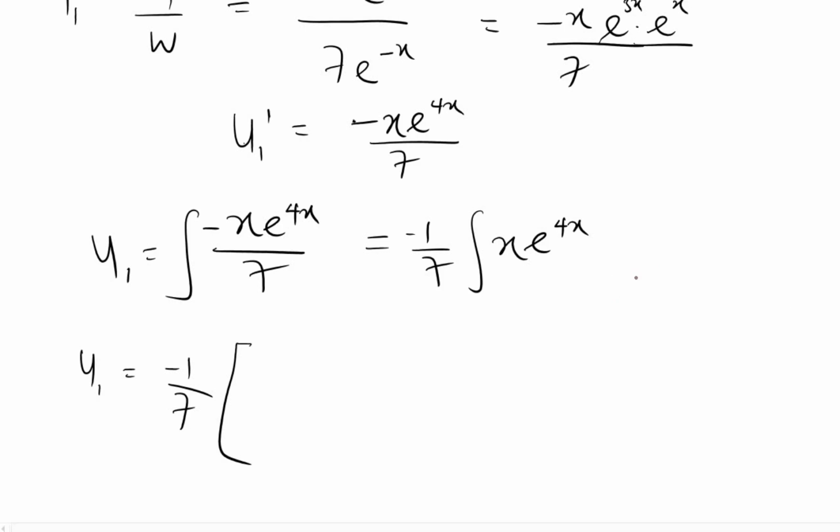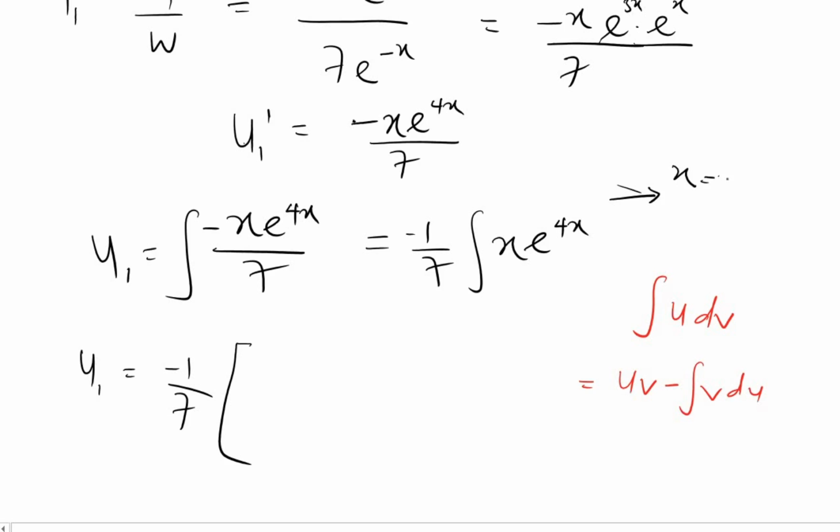Recall, if you have integral of u dv, you can say it is the same thing as uv minus integral of v du. For this particular one, let x be equal to u, so du will be 1, and let dv be exponential of 4x.